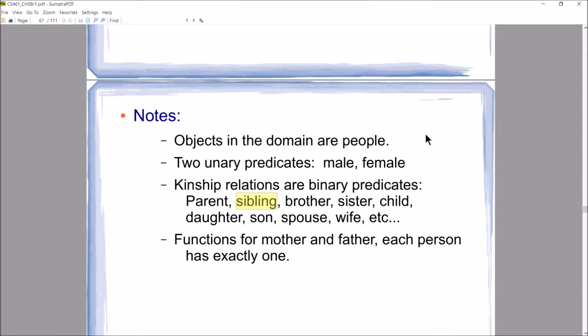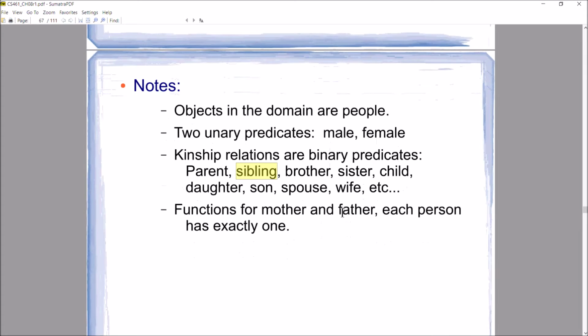Now, we can use functions to represent mother and father, because each person is going to have precisely one mother and precisely one father. Remember when we talked about functions previously, we were talking about how they're basically serving as a one-to-one mapping, right? You're going to have one input mapped to one output.